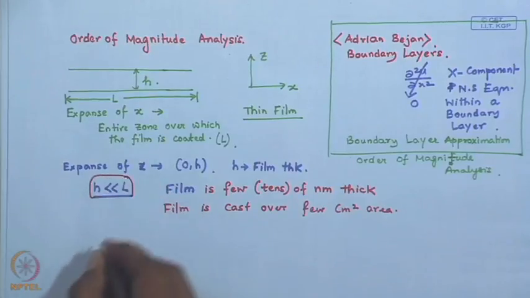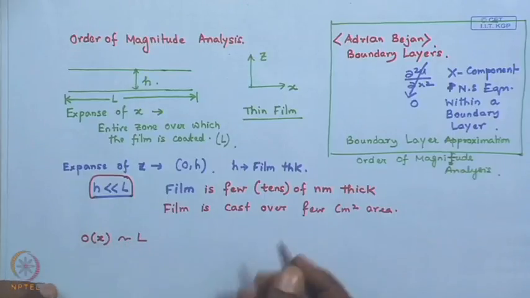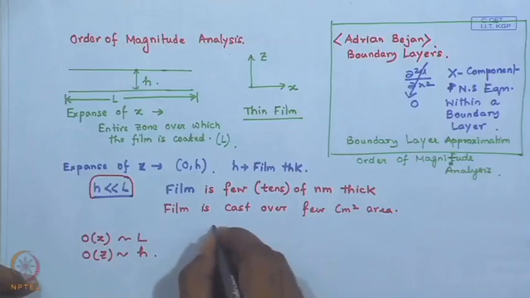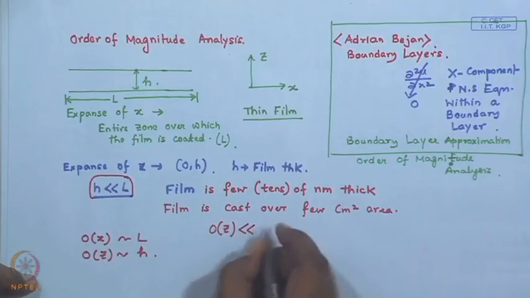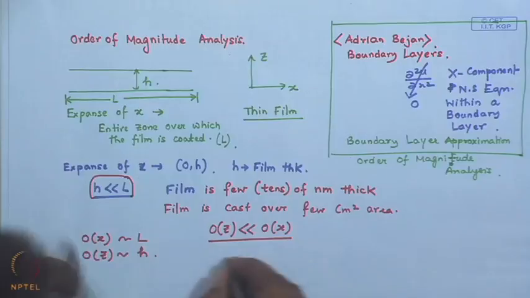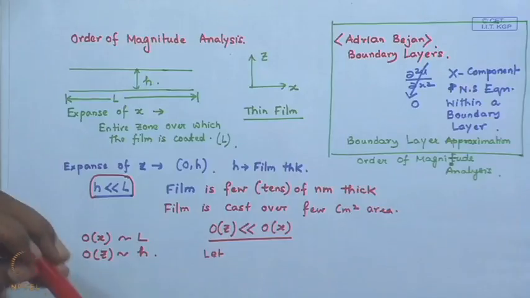So, we can write the order of x, that is how it is written, O(x), that is the order of x is that of L, and the order of z is that of h. Therefore, immediately you can say that the order of z is much smaller than the order of x. So, this is how typically an order of magnitude analysis would proceed. This is a very approximate approach to get a qualitative idea about the magnitude or the scale of different quantities in the system.